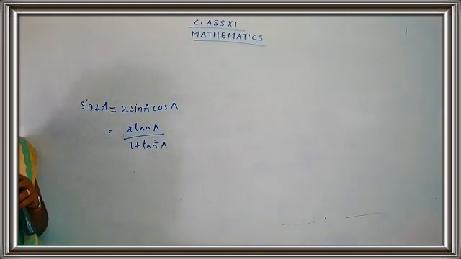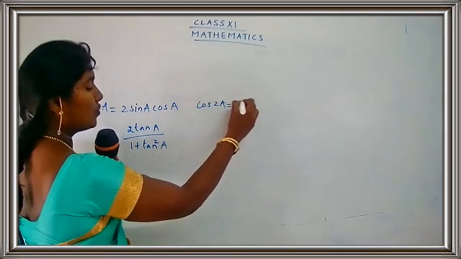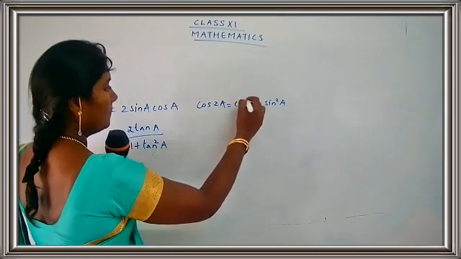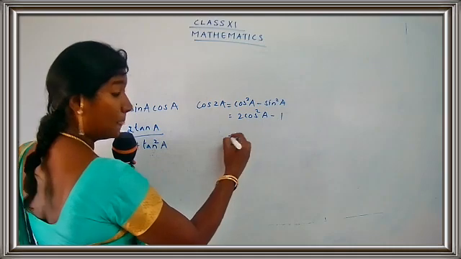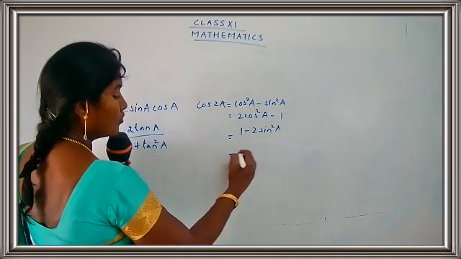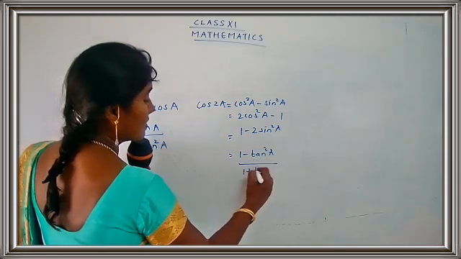For cos 2a we had totally 4 formulas. So cos 2a is cos square a minus sine square a. This is one. Then you have 2 cos square a minus 1. Also we have 1 minus 2 sine square a. And also we have 1 minus tan square a upon 1 plus tan square a.